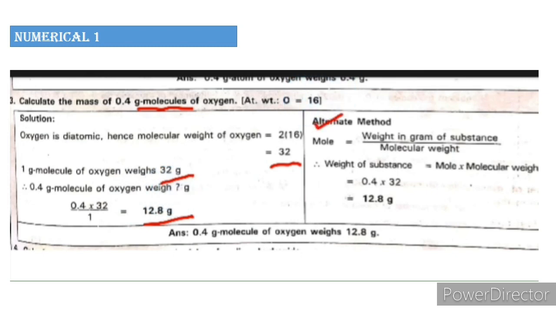Alternatively, by using the formula, the formula is same, but in the denominator we use molecular weight instead of atomic weight. So, the formula is mass of substance is equal to mole into molecular weight. This 0.4 into 32 equal to 12.8 gram.